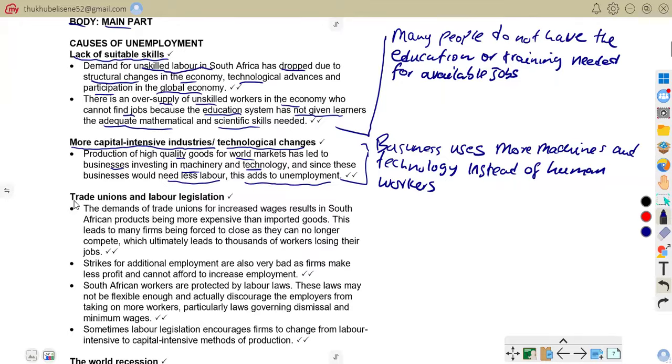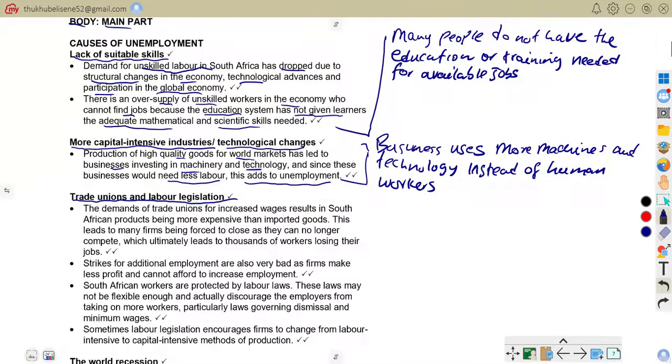So now we come to trade unions and labor legislation. We know that strict labor laws and high wage demands by unions can make hiring of workers expensive.